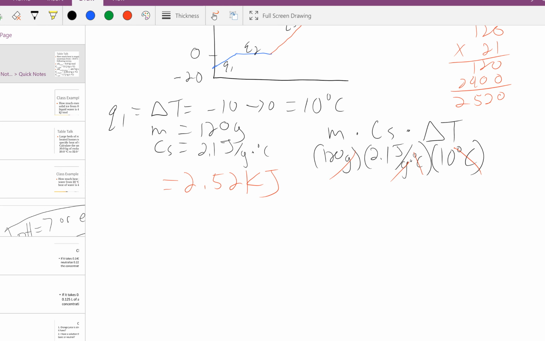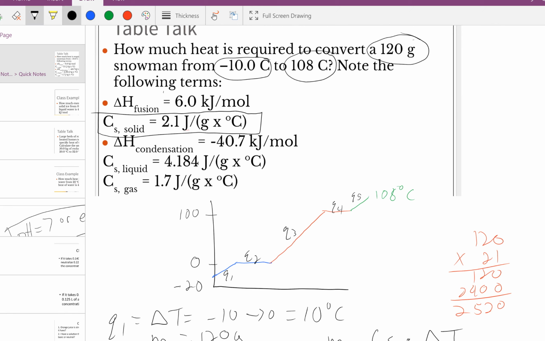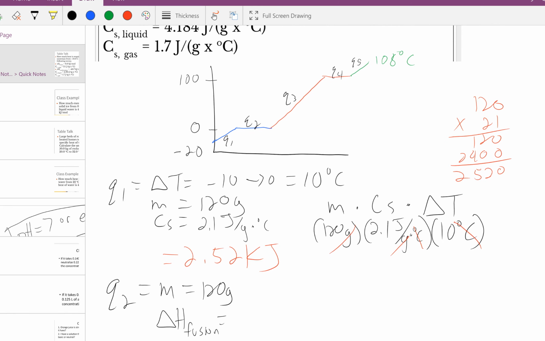Now let's check out Q2. For Q2, we are undergoing a phase change from solid, and we still have 120 grams of solid ice melting and turning into liquid water. So the delta H of fusion in this case, which is the melting, is equal to 6.0 kilojoules per mole.